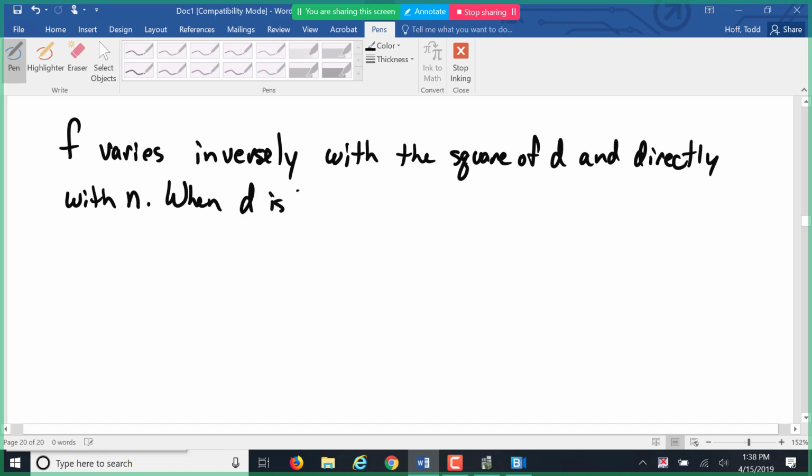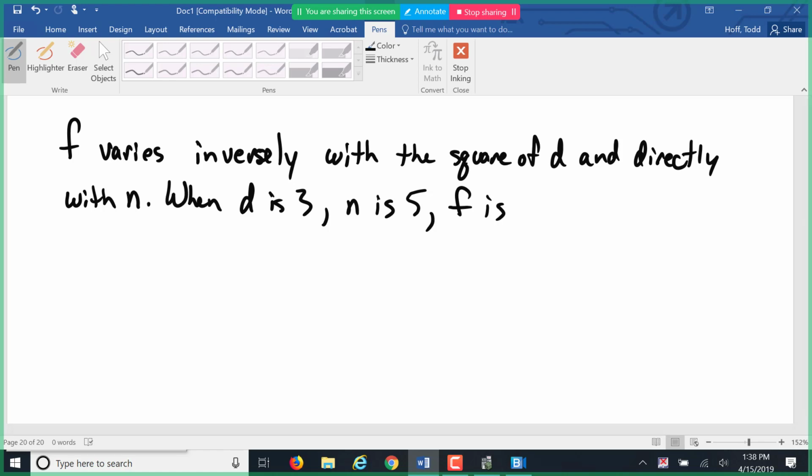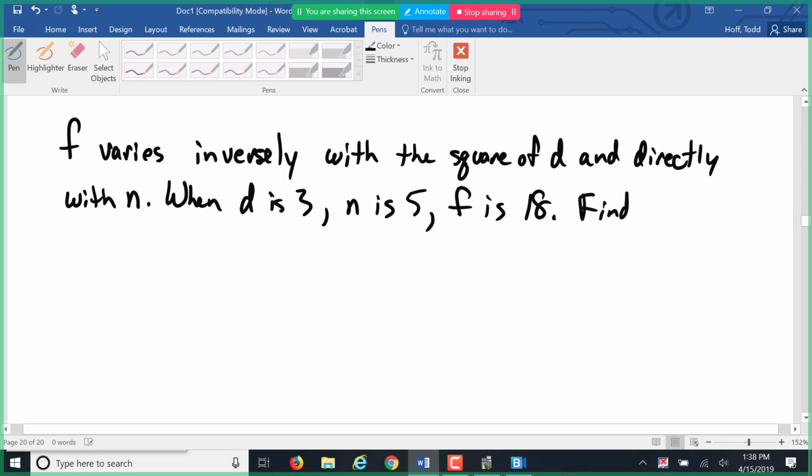When D is 3, n is 5, oops, not, F is 18. Find F when D is 4 and n is 2. I'm going to give you a couple minutes to give that a shot, then we'll go over it.